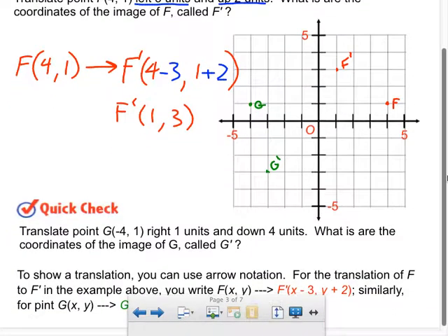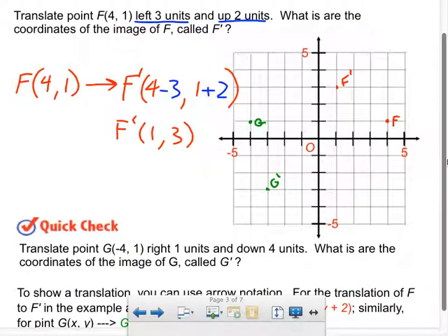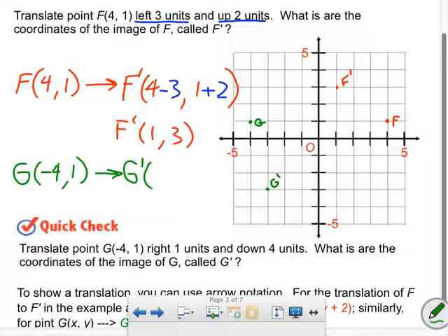Okay, so here's the rule for this example. We have G, which is (-4, 1), arrow notation, and we want G prime, but we started out with -4, and we start out with 1, right? So for this problem, it said right 1. So what am I doing to my x coordinate?